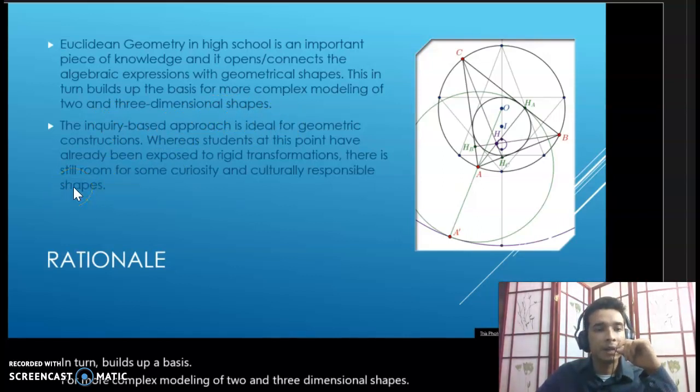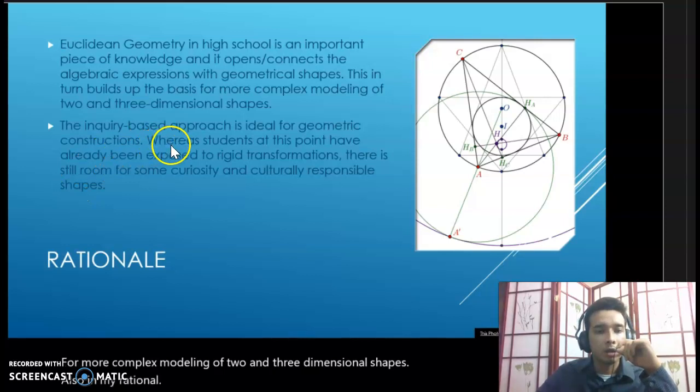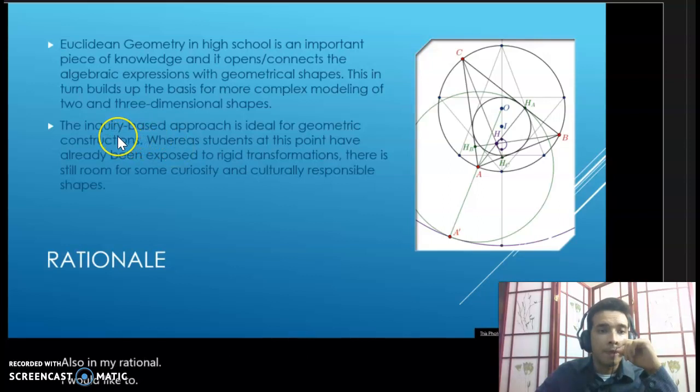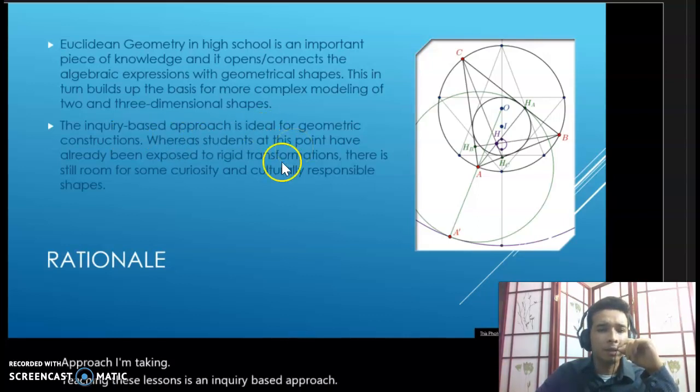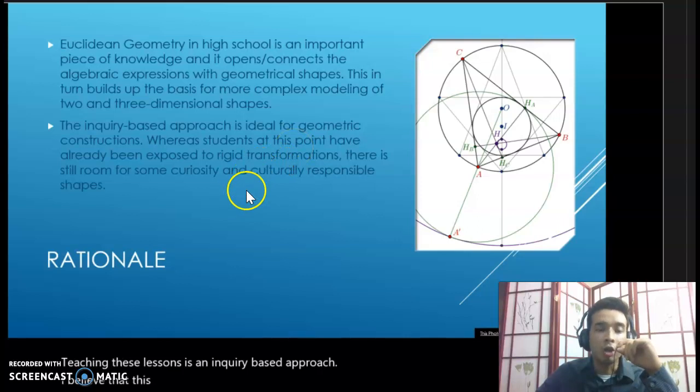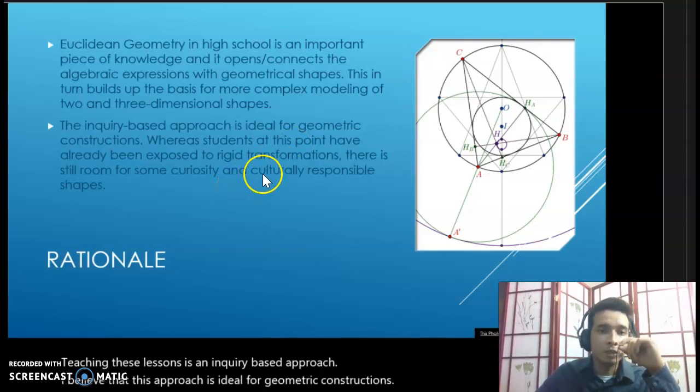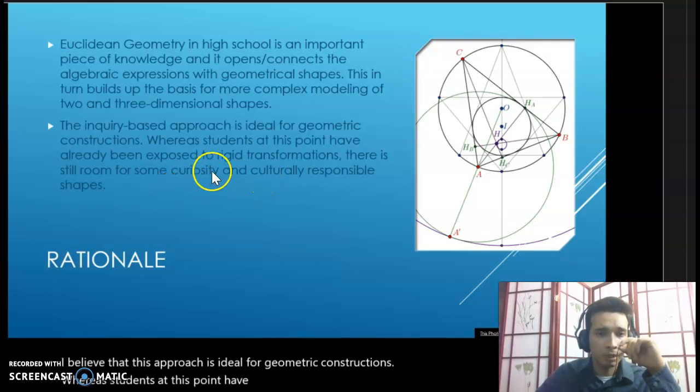Also, in my rationale, I would like to say the approach I'm taking in teaching this lesson is an inquiry-based approach. I believe that this approach is ideal for geometric constructions, whereas students at this point have already been exposed to rigid transformations.